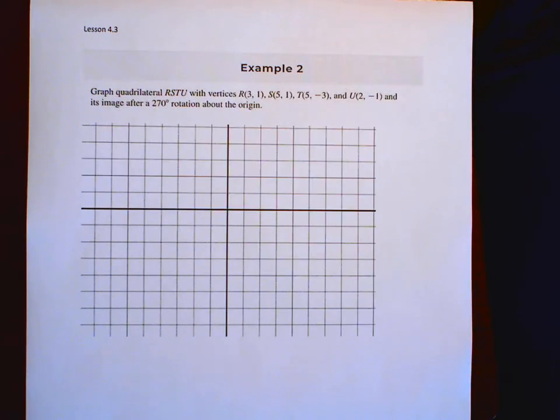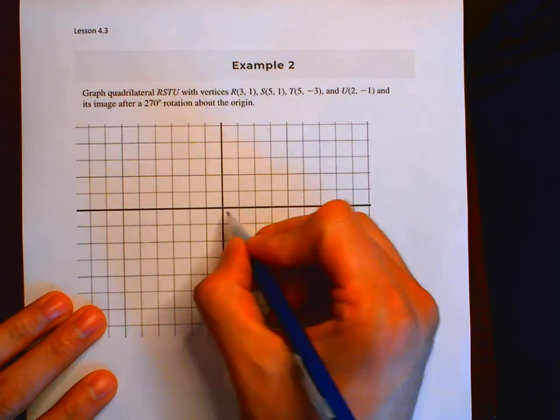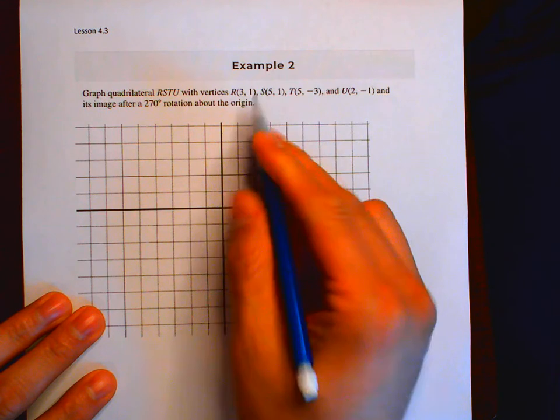Okay, example number 2 says graph the quadrilateral RSTU with the following vertices and its image after the 270-degree rotation. Oh, I made a mistake. This one should have been 180. Let me fix that. Okay, never mind. So 270. Let's plot these. For R, you have (3, 1).